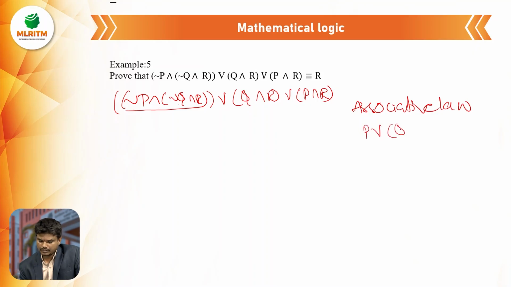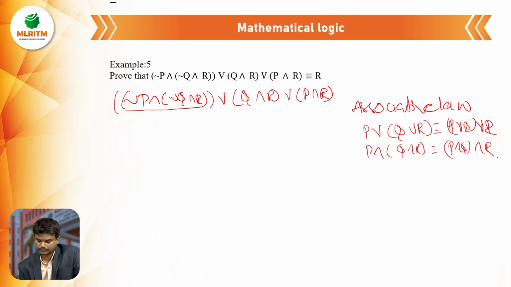(P ∧ Q) ∧ R is equivalent to P ∧ (Q ∧ R). So here we can write ¬P ∧ ¬Q by using the associative law, and R.